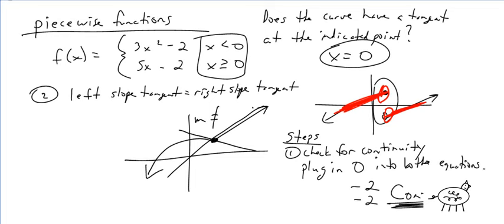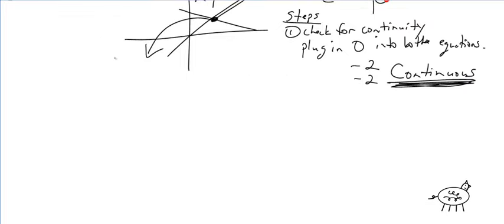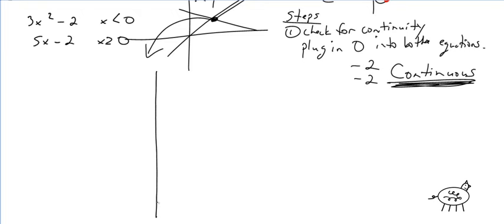All right, and so let's do that. We'll just cursor down here a little bit, and let me get my functions again. It's 3x squared minus 2, x is less than 0, and 5x minus 2, x is greater than or equal to 0. Okay, so I'm going to split this in half a little bit. This is my 3x squared minus 2.